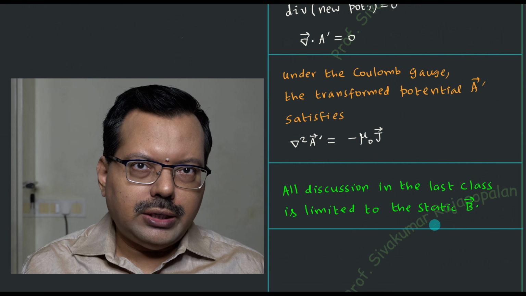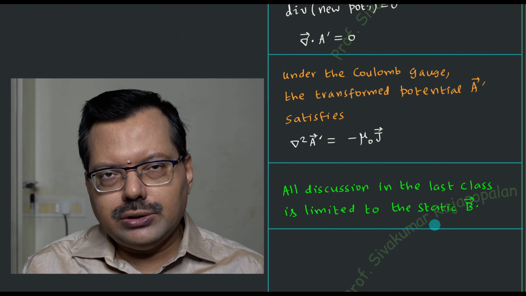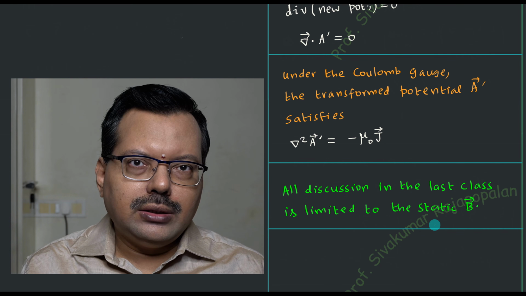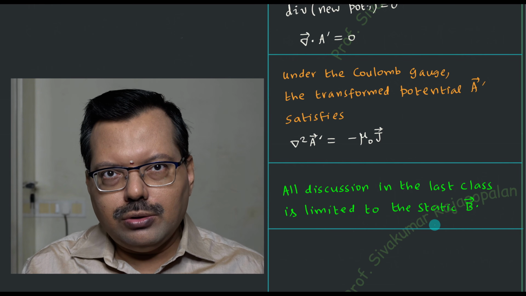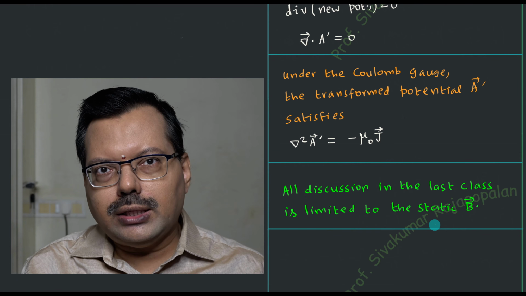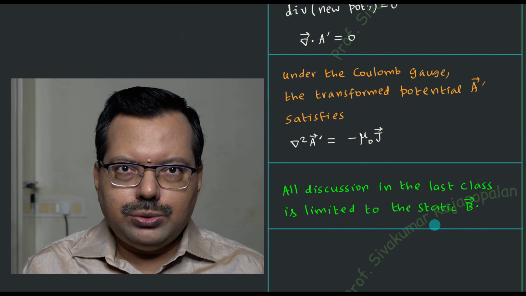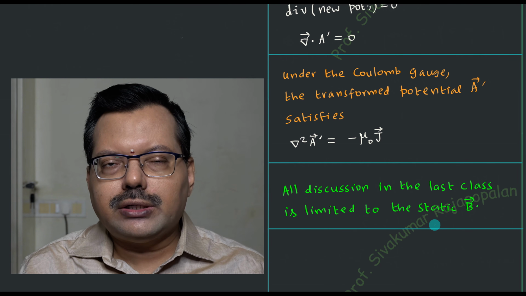The moment you admit the time variation for the magnetic field, the time variation for the electric field naturally takes place. You can't study the time variation of the electric field alone. The moment you allow the time variation for one field, the other is also time varying, so you have to study them together. Therefore, you cannot consider only the magnetic vector potential.